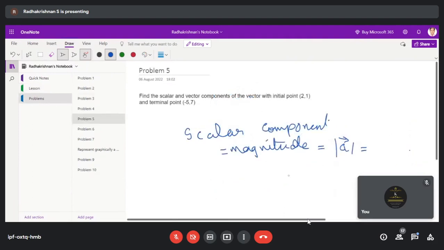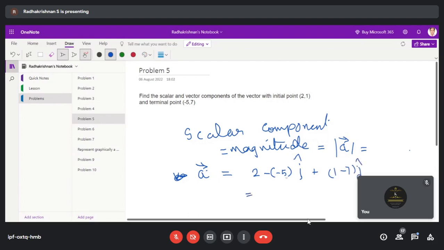Since it is given, the vector joining these 2 points is given by (2 minus 5) i plus (1 minus 7) j.